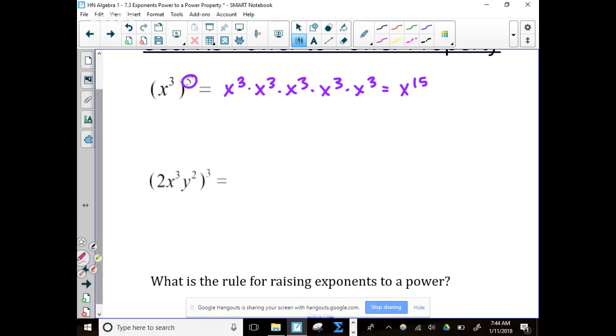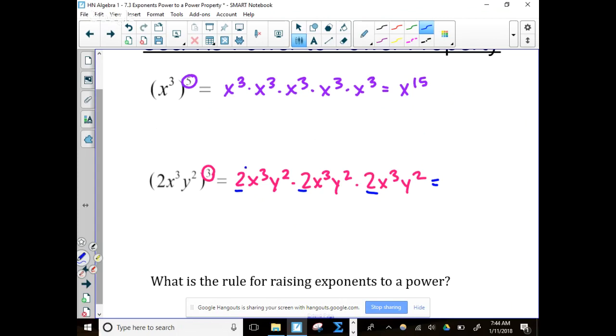All right, for the next one, a little bit more complicated. It's whatever's inside the parentheses 3 times. So this would be 2x to the third y squared multiplied 3 times. And then we would be back to basically a question from the other day. The 2s we're just going to multiply together. Are they the same base?